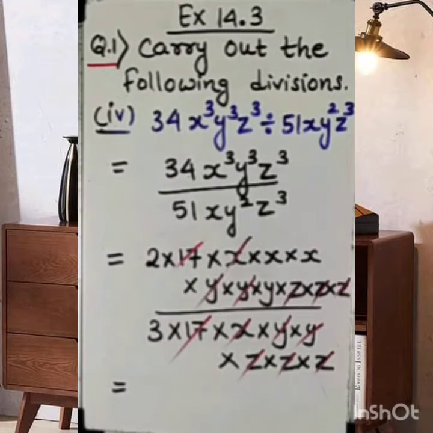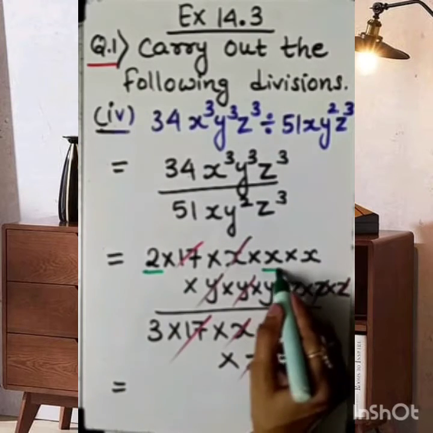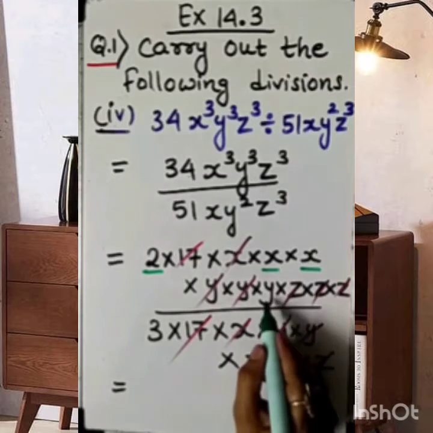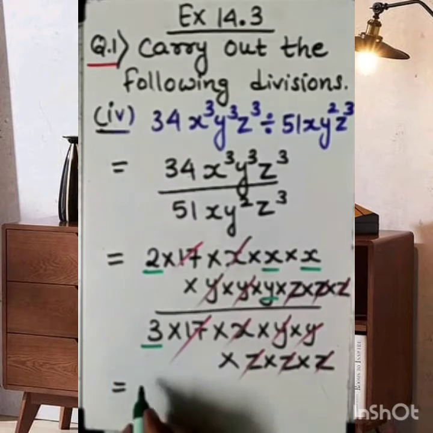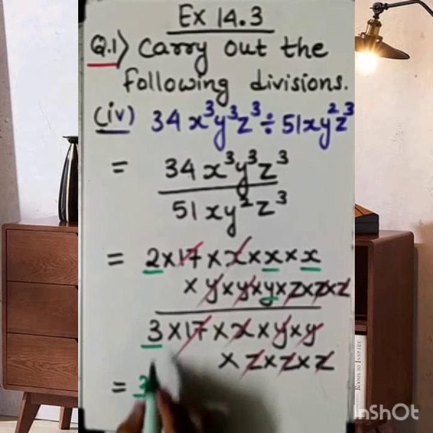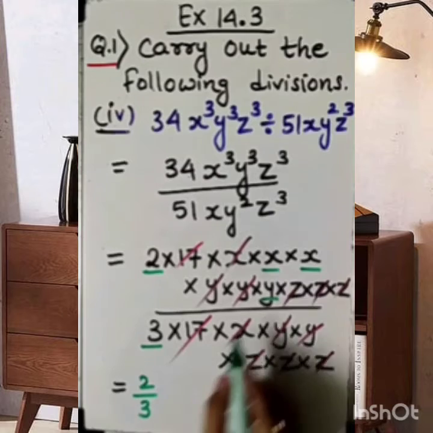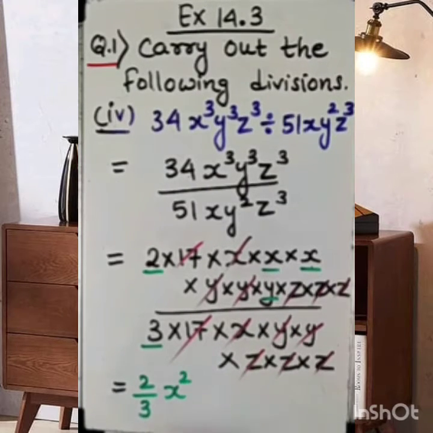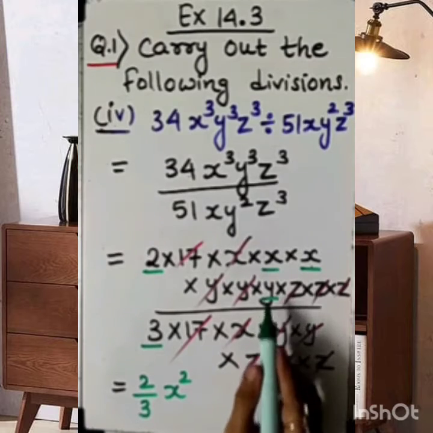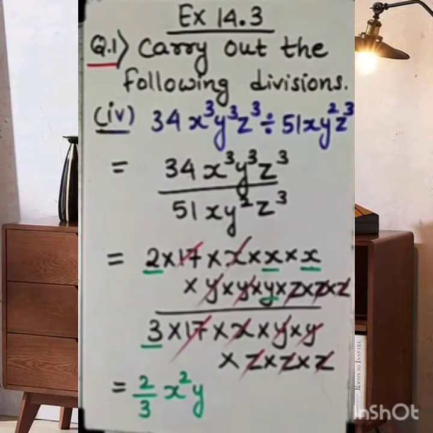So you can see in the numerator what is left with us. 2 is left, x and this x, and beside this y is left, and in the denominator only 3. So my dear student, here I need to mention 2 by 3, and beside this 2 times x is left, so it is x square, and one time y is left, so it is x square y. So this is the required result.